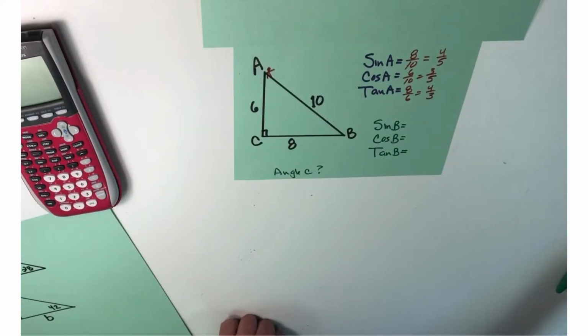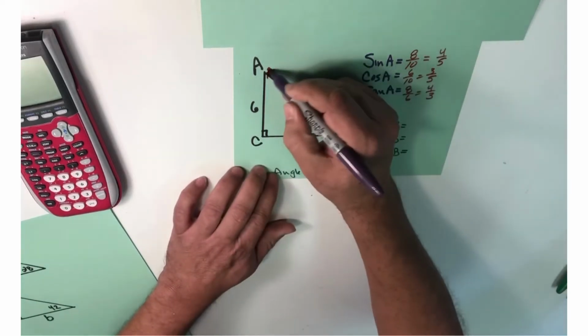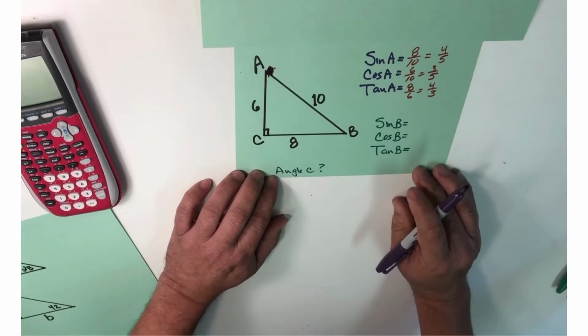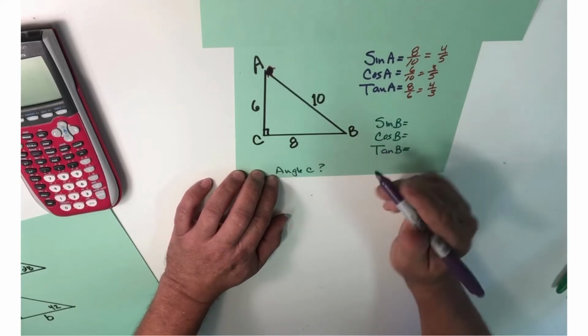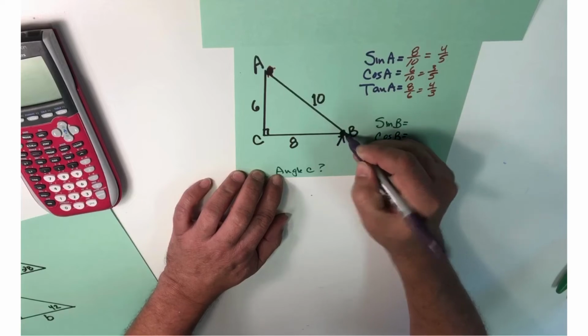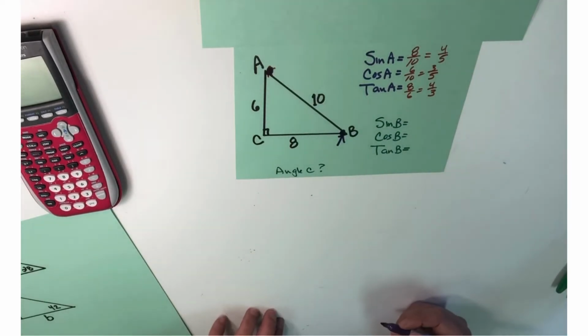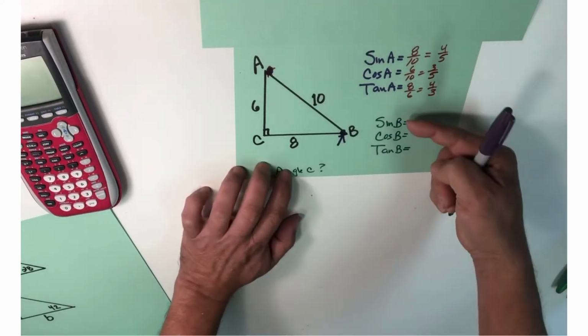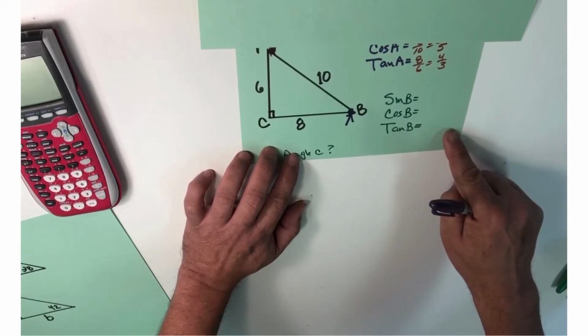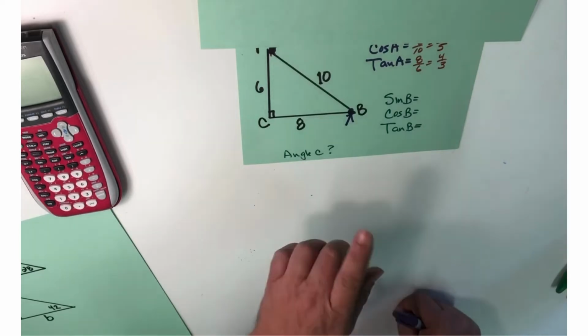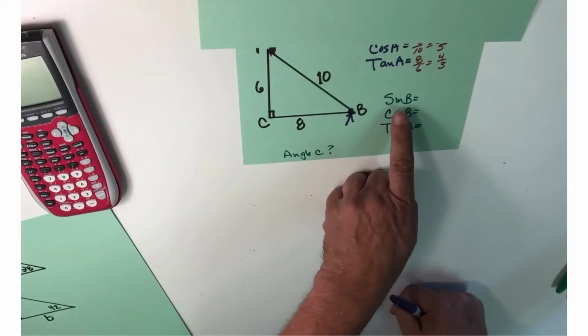Okay? So now I'm going to change it up on you, and I'm going to go away from A. So now I'm going to go over to B. So now I am standing at B, all you can be, right there. Okay, so now I'm going to find the sine, cosine, and tangent of letter B, which is right here. Once again, sine is opposite over hypotenuse.